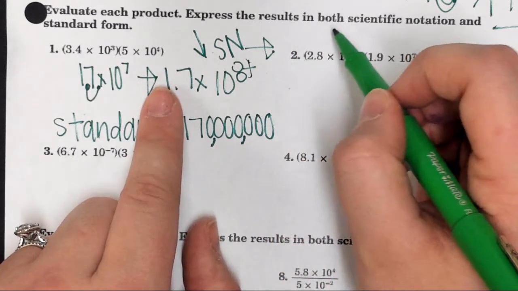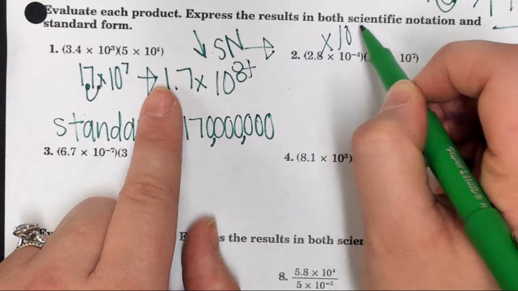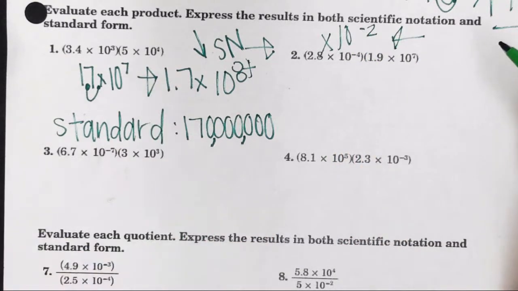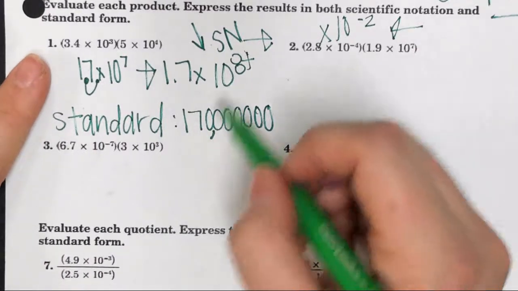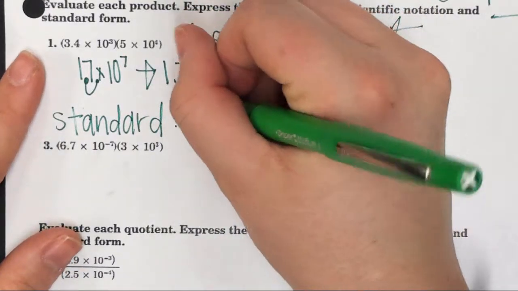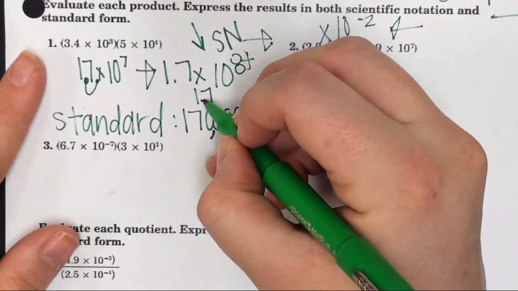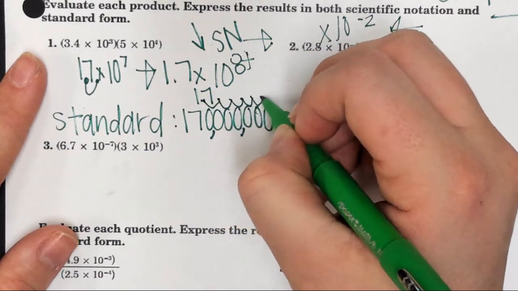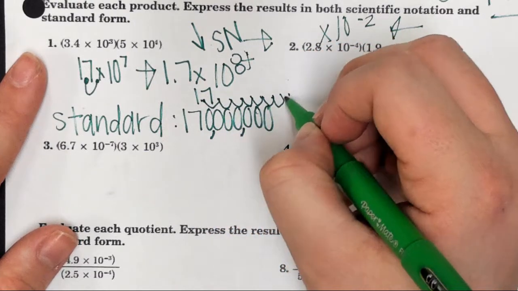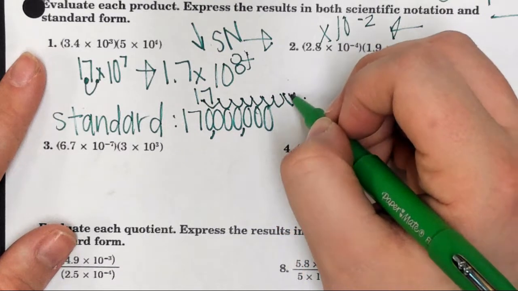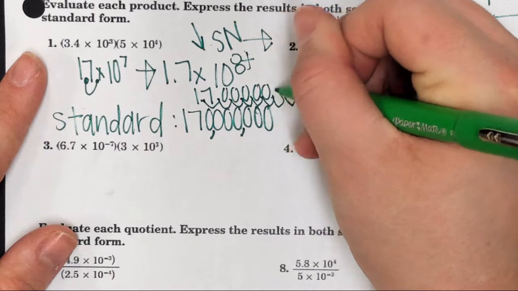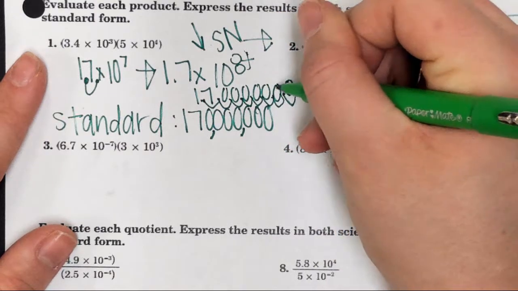If you have a negative, like 10 to the negative 2, you need to move this way, because that's towards the negative numbers on the number line. So if this was 1.7, I need to move it 8 times. 1, 2, 3, 4, 5, 6, 7, 8. Wherever there's a hole, add a 0. 1, 2, 3, 4, 5, 6, 7.